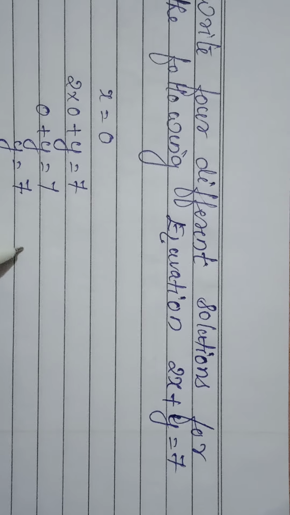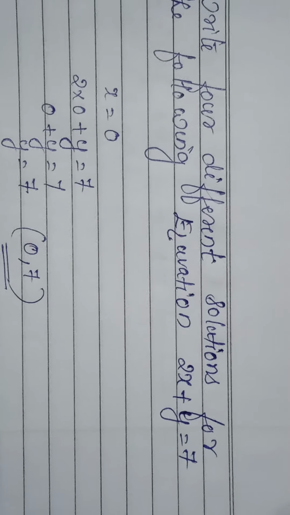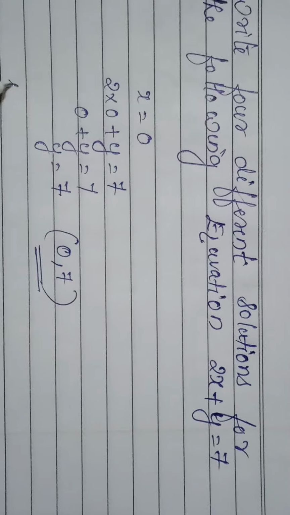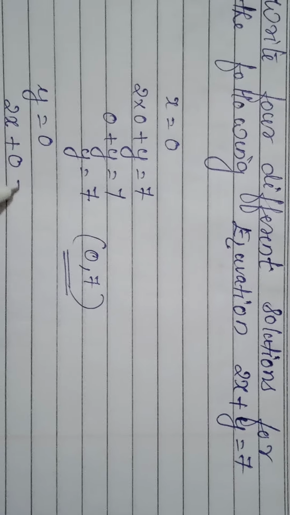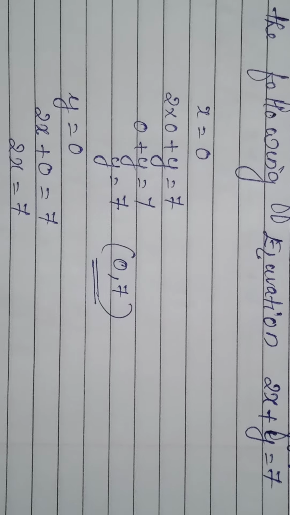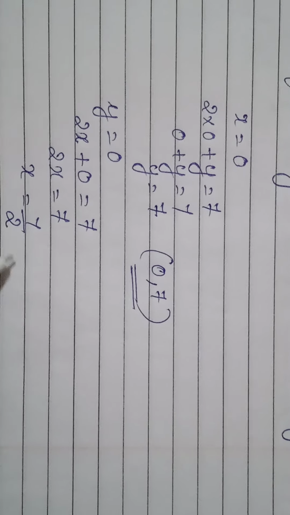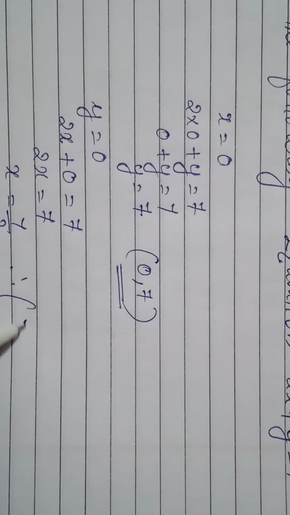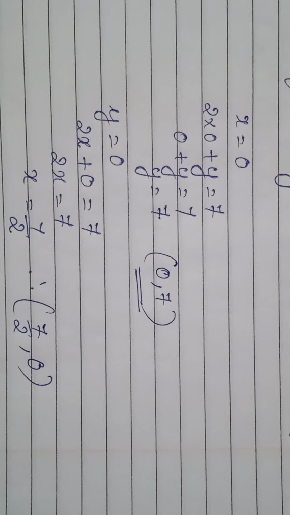So we got one solution, that is (0, 7). Then we will substitute the value y = 0. Then 2x + 0 = 7. Then 2x = 7. x = 7 divided by 2. Understood? Therefore we got (7/2, 0) as a solution of the equation.